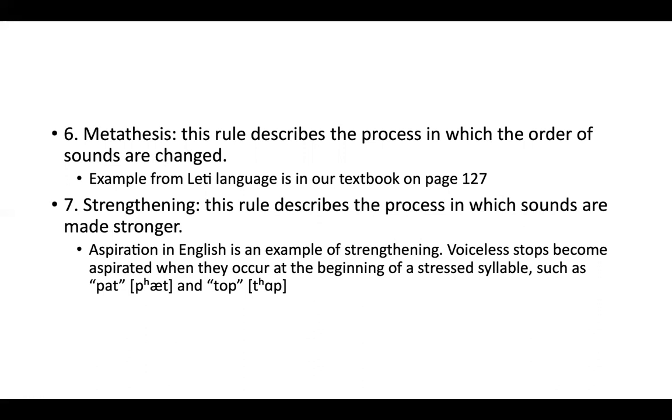The aspiration rule is that voiceless stops become aspirated when they occur at the beginning of a stressed syllable. For example, in the words pat and top, the voiceless stop p is aspirated and the voiceless stop t is also aspirated in the word top because that's stressed.